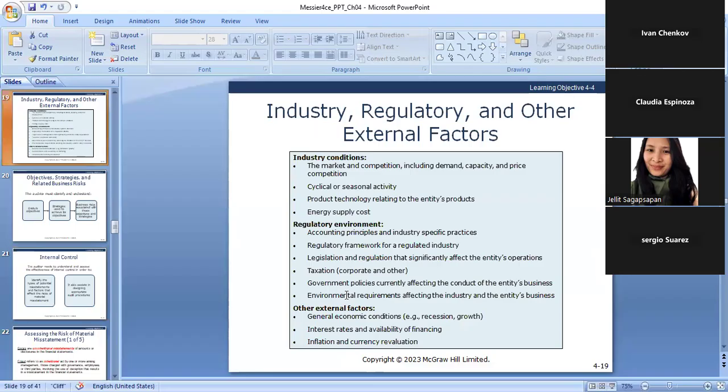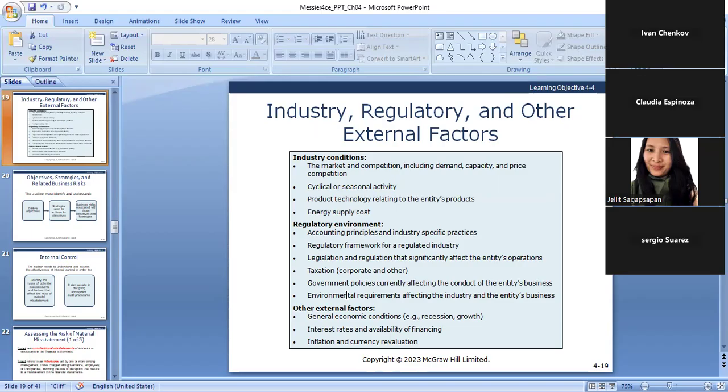Okay, let's keep going with this: industry, regulatory, and other external factors. Industry covers the market, competitors, cycles and seasonal activity, production technology, and energy supply cost.